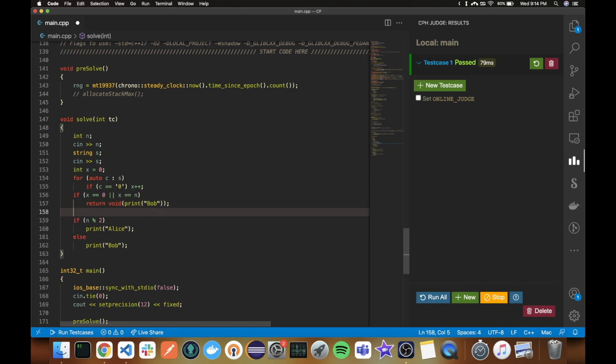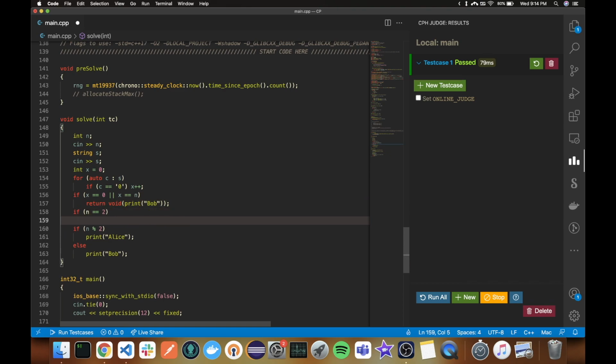For length 2, so only remaining cases are 0, 1 and 1, 0. So here Alice makes a move, Bob cannot make a move. So Alice wins. For this, Alice makes a move and Bob cannot make a move anymore.